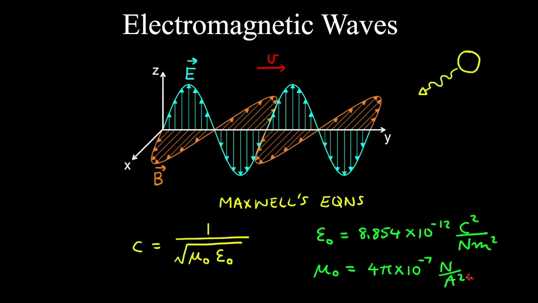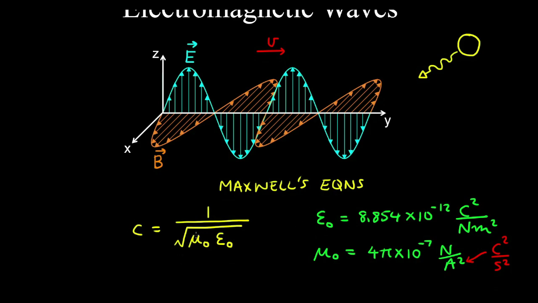And recall that an ampere is in coulombs per second, so ampere squared will be in coulombs squared per second squared. And if you substitute these values, you get the speed of light is approximately 3 times 10 to the 8 meters per second. And you'll be able to do the derivation and connect Maxwell's equations with physical phenomena when you take more advanced physics courses.